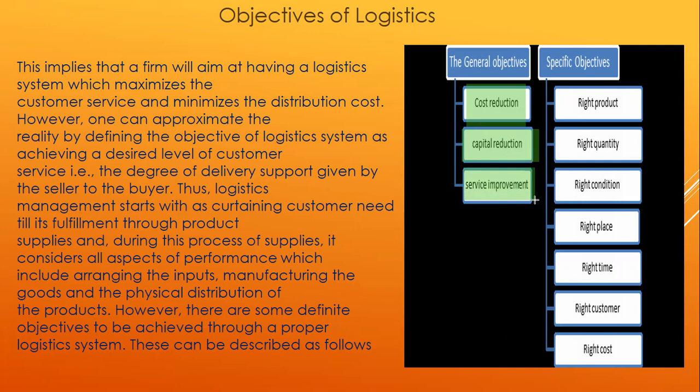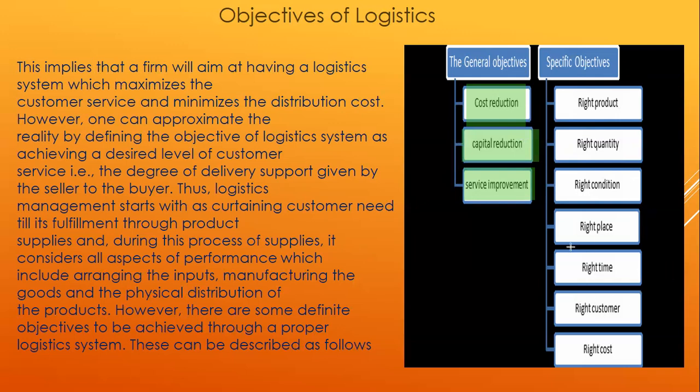These are the general objectives, and the specific objectives we already understood as part of the 7R of international logistic: right product, right quantity, right condition, right place, right time, right consumer, and right cost.